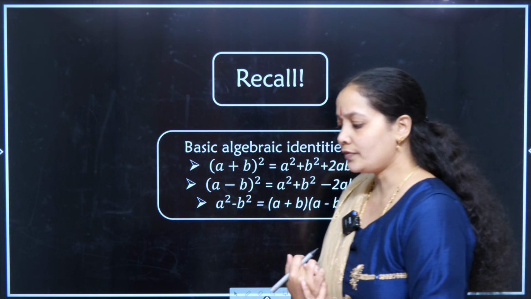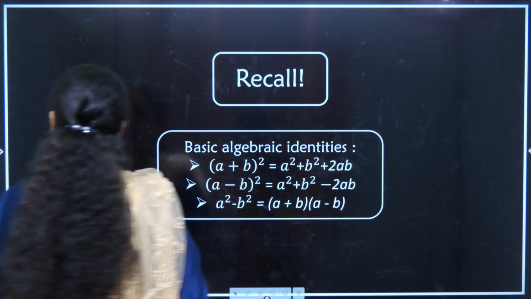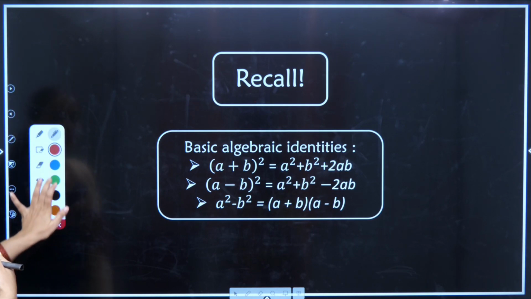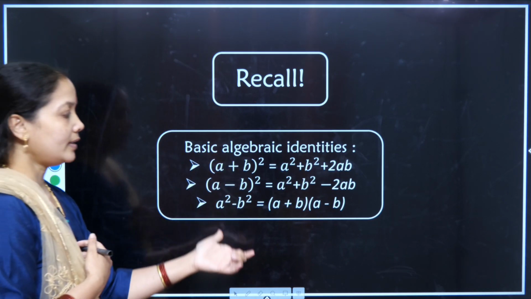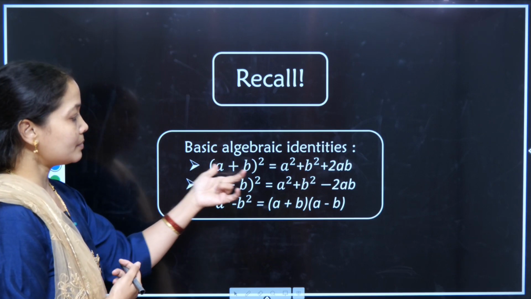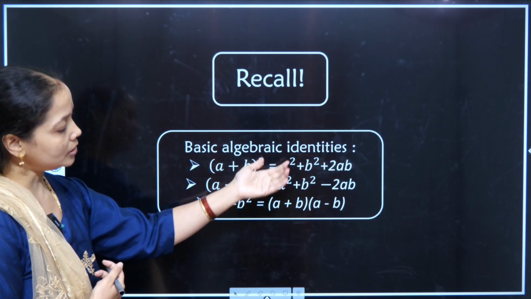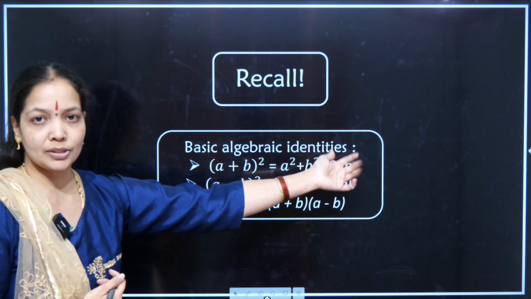Even in certain factorizations we use this, and in rationalization also we use this. So the three important identities for the chapter: a plus b the whole square, which is a square plus 2ab plus b square, also written as a square plus b square plus 2ab.